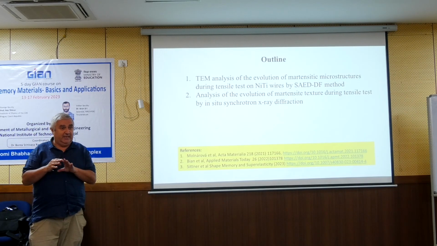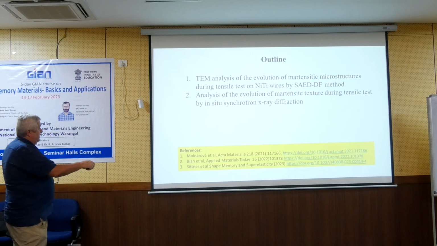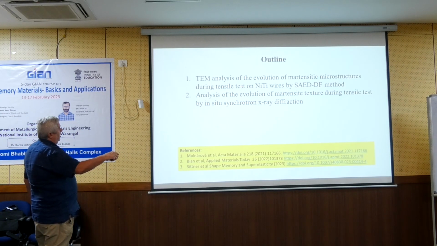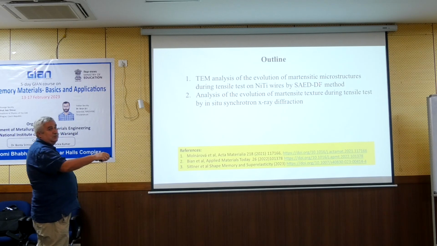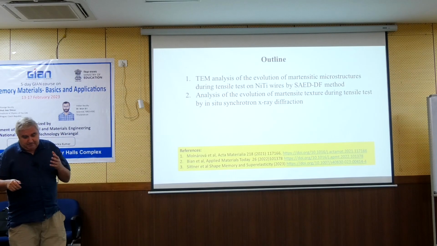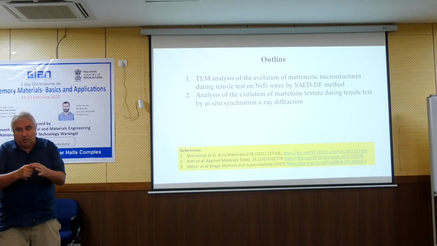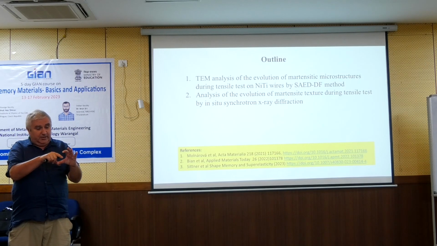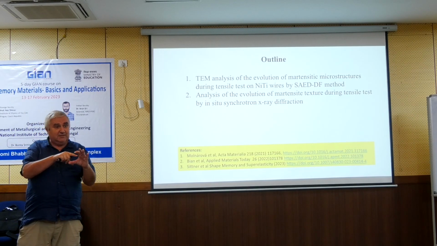And I believe in that. So the content of this paper is the analysis of martensitic microstructures, how they evolve during the tensile test on NiTi wire. Because we have small grains, like 100 nanometers, we can easily look and find all the variants which are in the grain.